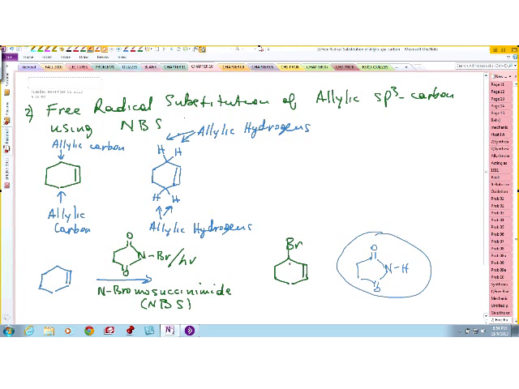All you want is this organohalide. If I ask you what is the product of this reaction, all you simply have to do is give me the organohalide product. It doesn't do it on both ends, just one end. Unless you want multiple bromination, you could get that, but if you simply want mono substitution, you could control it so that you get only the monobromo product. Anyway, that is what this reagent will do.